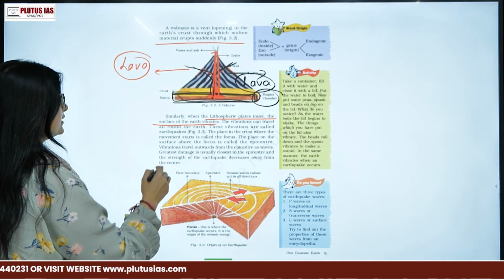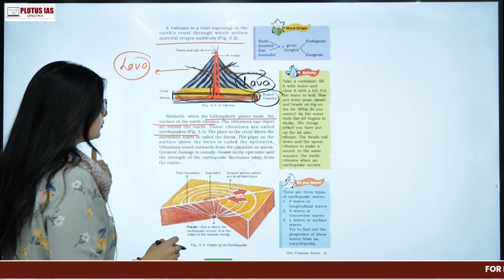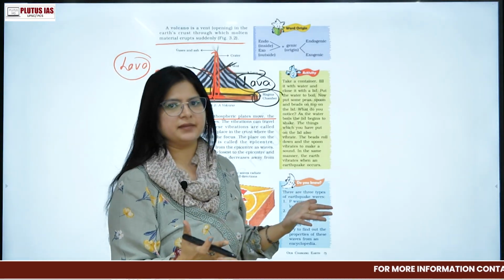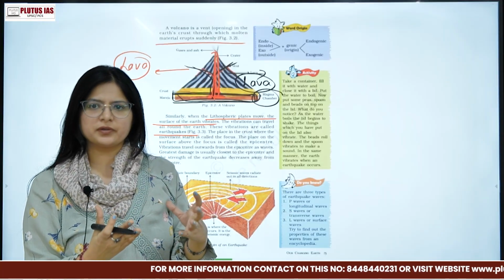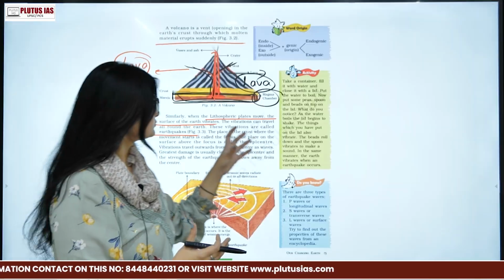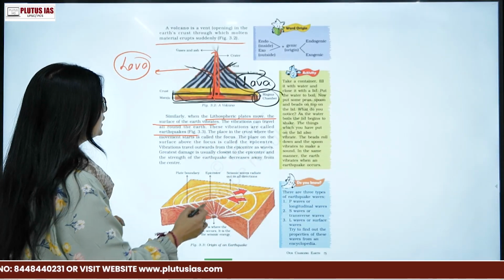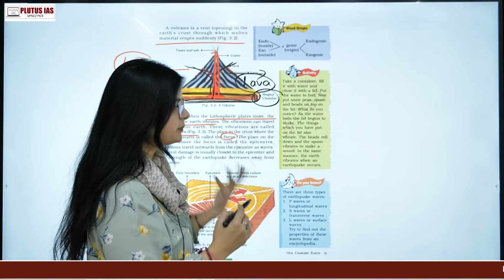The vibration can travel all around the earth. Now, when the movement of the plates is happening, an earthquake comes because one of the factors is the movement of the plates. There is a fault, and when the movement happens, there is a kind of focus, a kind of vibration.